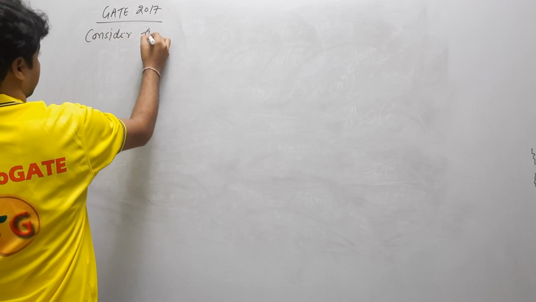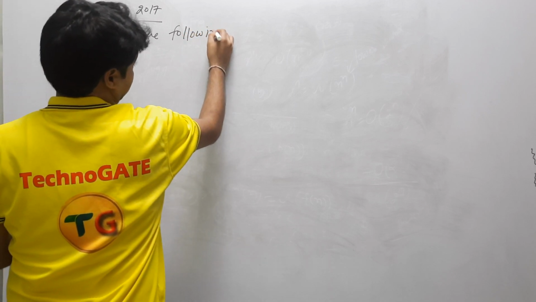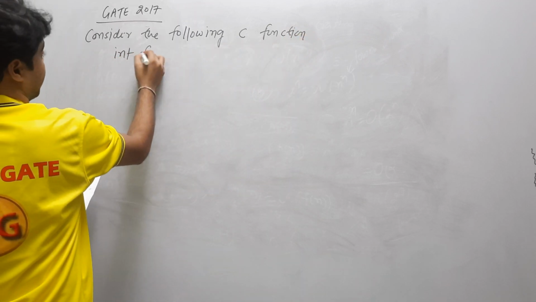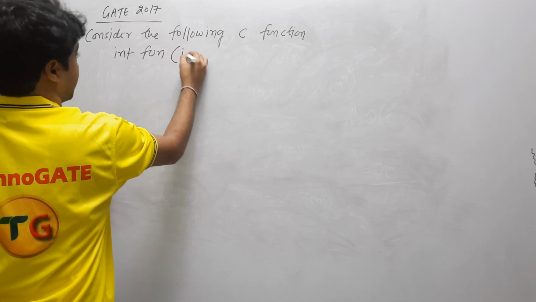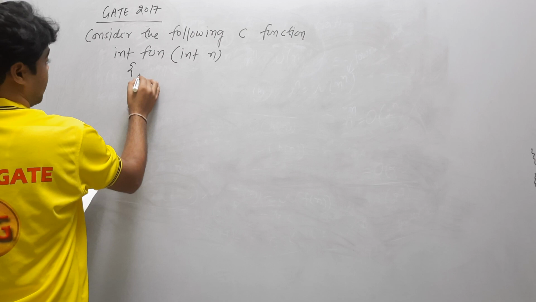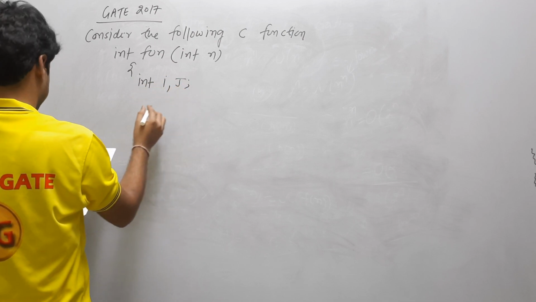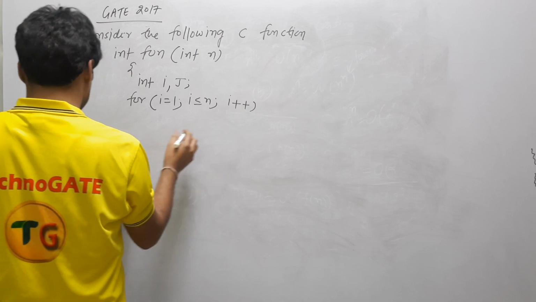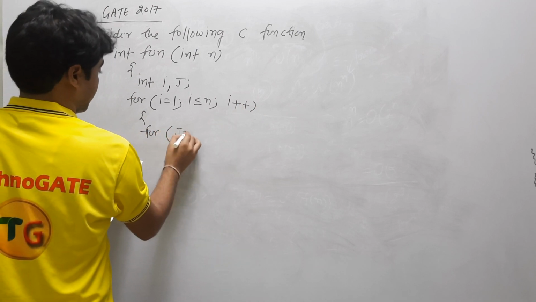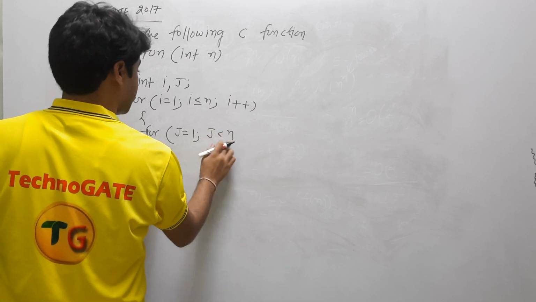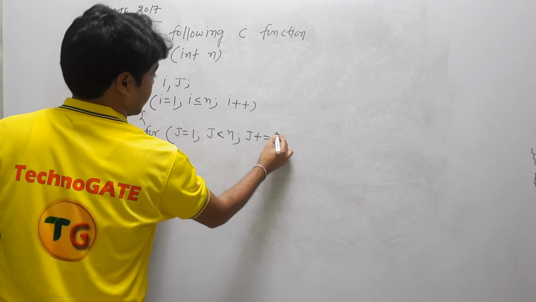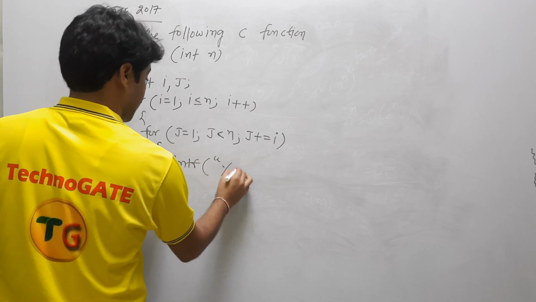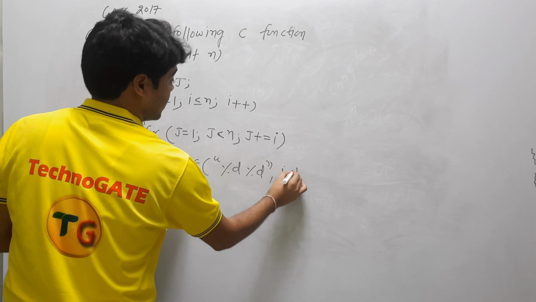Consider the following C function: int fun(int n) { int i, j; for i equals 1, i less than or equal to n, i plus plus, for j equals 1, j less than or equal to n, j plus equals i, and printf %d, i, j.